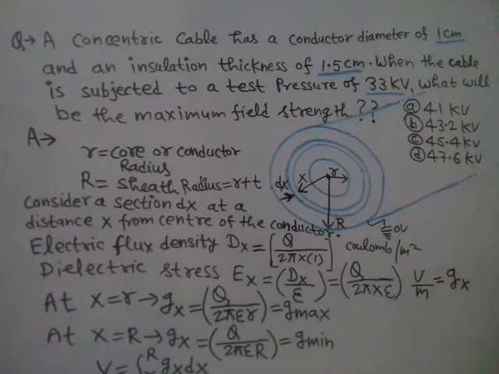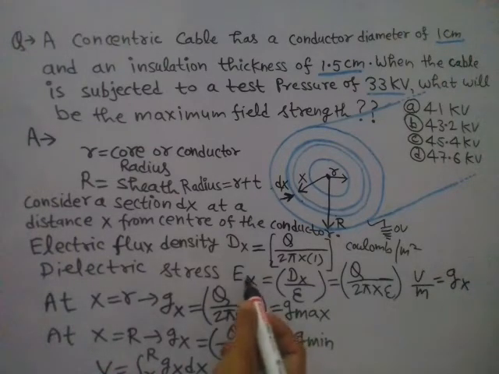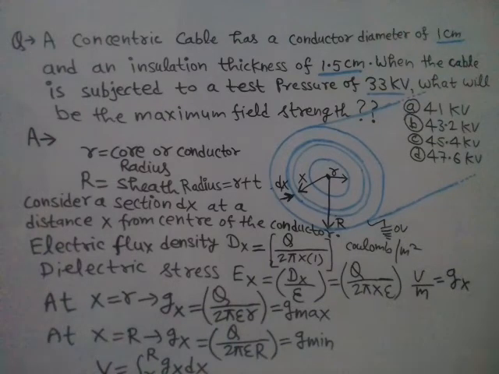Just like you know that V is equal to integral E dot dl, where E is electric field intensity. In the same way we have Gx, the dielectric stress, that is similar to Ex. So in the same way we can write V is equal to integral from small r to capital R of Gx into dx. Here just put the value of this Gx, that is q by 2 pi epsilon into x, into dx.